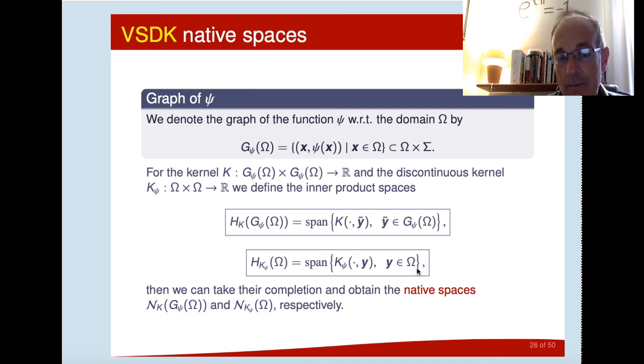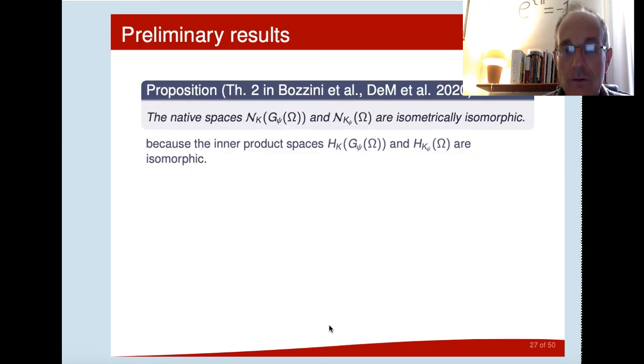So these are pre-Hilbert spaces, and then we complete, and then we get the native space corresponding to our discontinuous kernel.